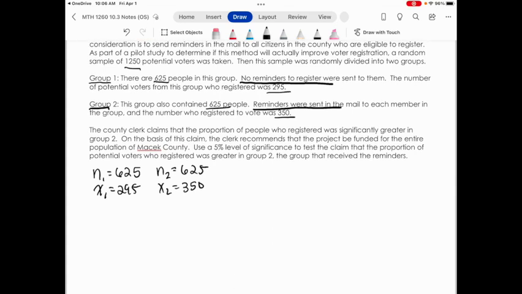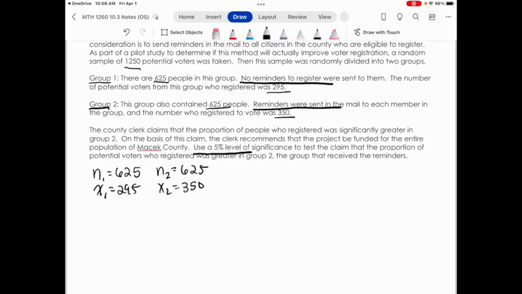All right, let's see. What else do we have here? It says, the county clerk claims that the proportion of people who registered was significantly greater in group 2. On the basis of this claim, the clerk recommends that the project be funded for the entire population of McKean County. We're going to use a 5% level of significance.